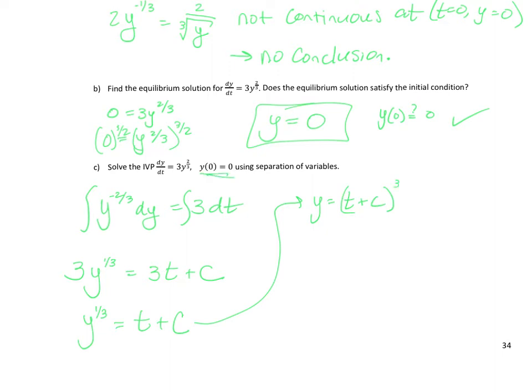Plug in the initial condition, 0 for y, 0 for t, and I get c^3 is 0, so c is 0. So my solution is y(t) equals t^3.